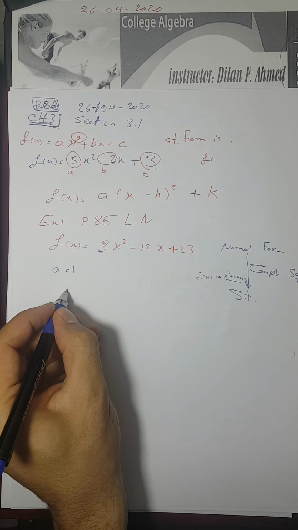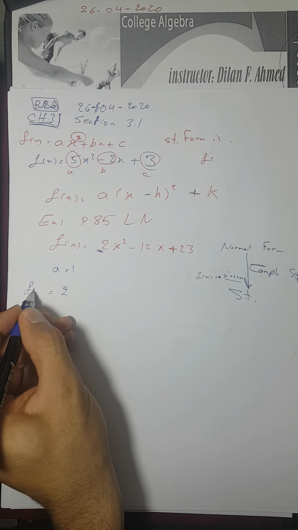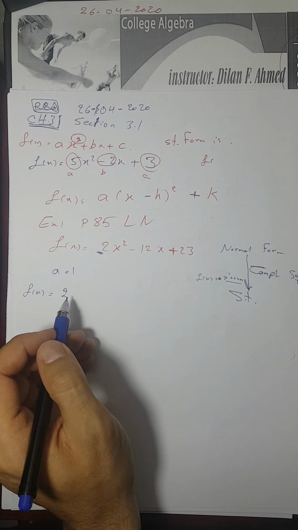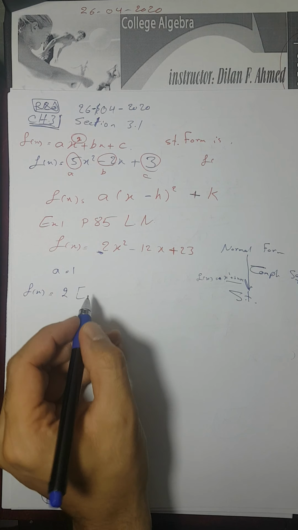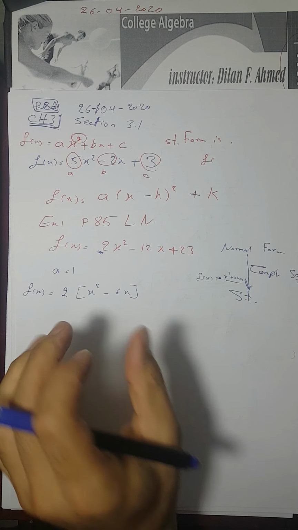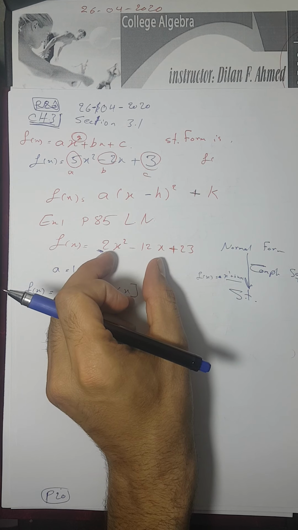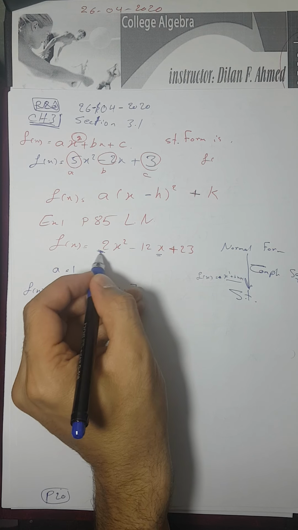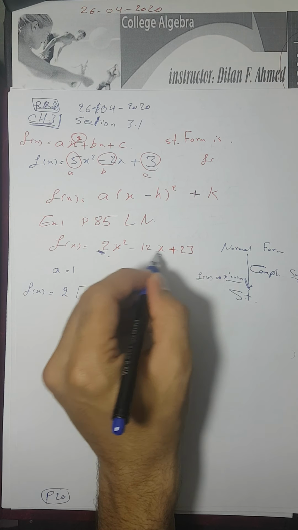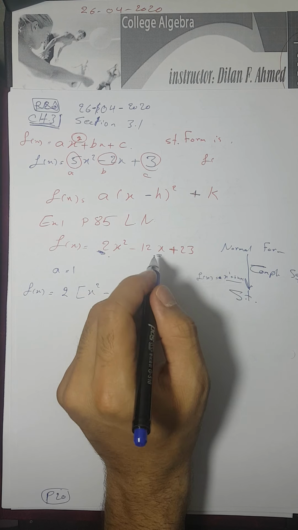So what do I get? If I take 2 as a factor, f of x is equal to 2 times (x squared minus 6x). I want to do it just between the first, or the leading term, and the second, the middle term.